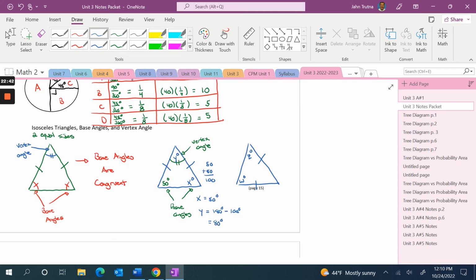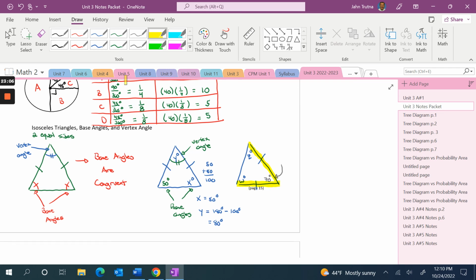Okay. Moving to the other example, I'm going to tell you that this angle down here on the right, we're going to make it 70 degrees. Now, that 70-degree angle, notice that's the angle where the two equal sides intersect. Notice, that's an equal side, that's an equal side.